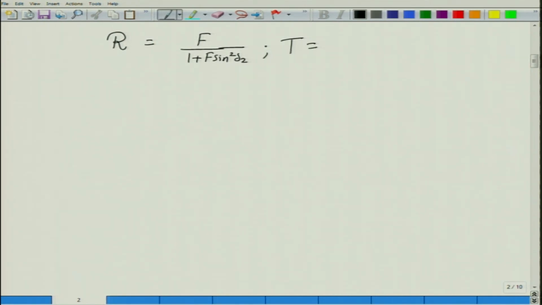That can be obtained from the fact that the total power must be conserved for a lossless system. So 1 minus reflectivity must be equal to transmittivity T, and I obtain T equal to 1 by 1 plus F sin square delta 2.